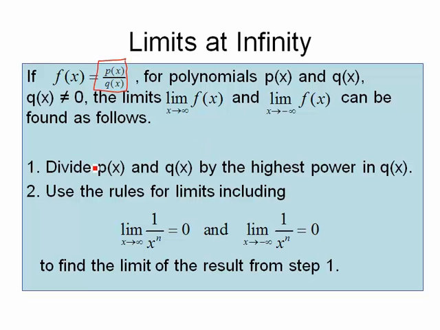We're going to divide p of x and q of x by x to the highest power that we find in the denominator, q of x. Then we'll use the rules that we just talked about to figure out the things that are going to approach 0. Remember, the limits of constants are just going to be the constants.